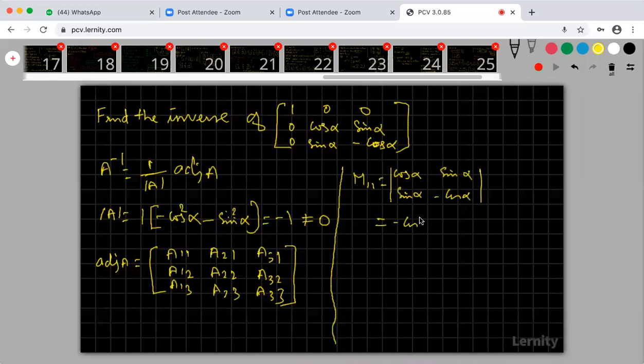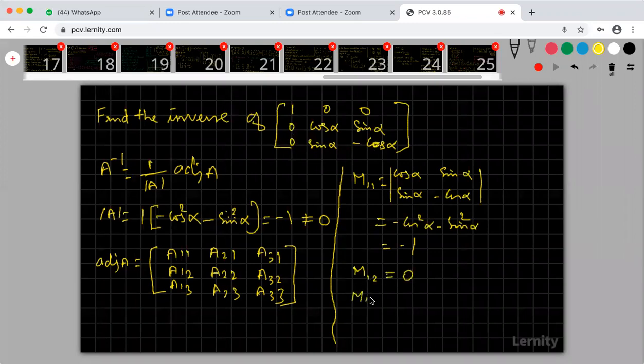This is minus cos square alpha, minus sin square alpha. So therefore the answer becomes minus 1. Okay, right, M12, this element. What is the minor of this element? The minor of this element means leave this column, leave this row. Okay, so 0 into this and 0 into this. So therefore the minor is 0.